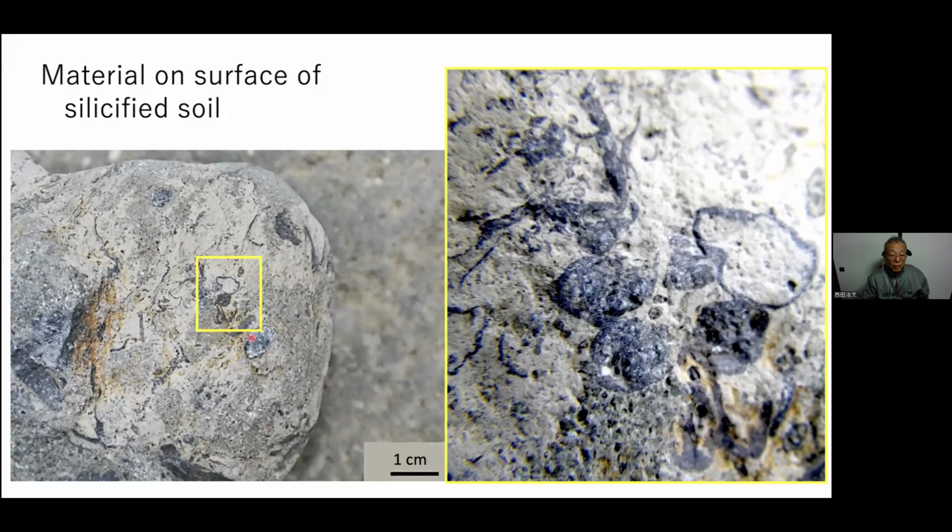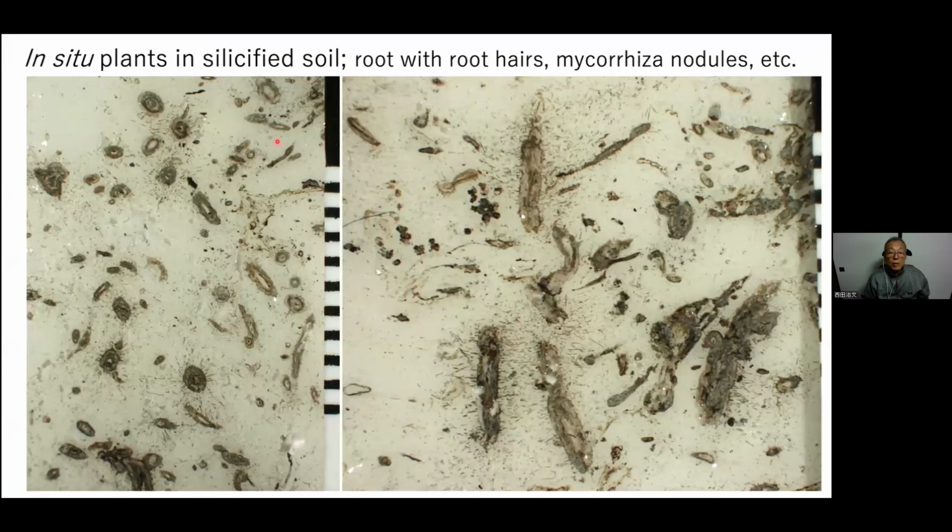And immediately when I found this, I noticed this one. And these are the remains of fragments of fern sporangia and fertile structure. So I took this and made sections.